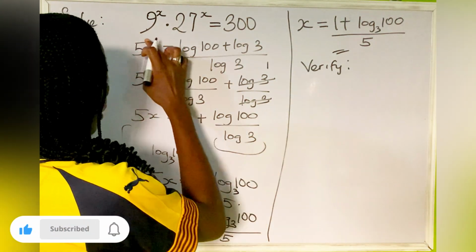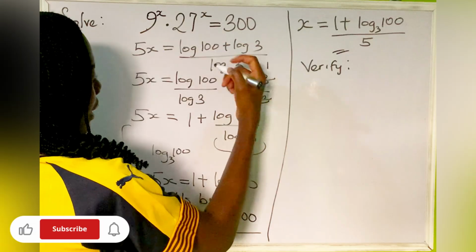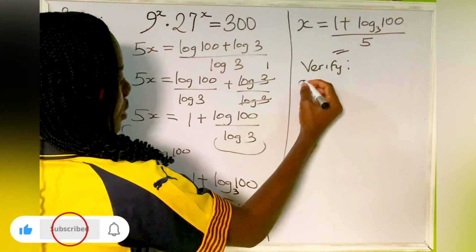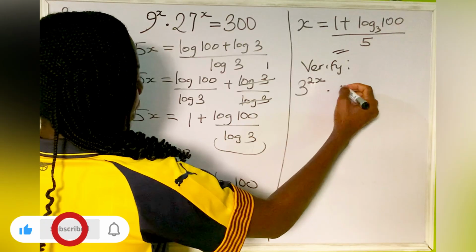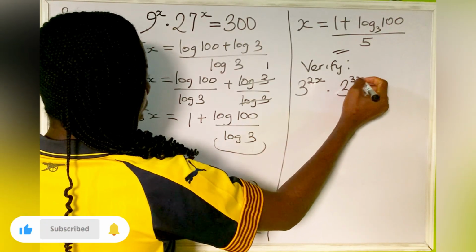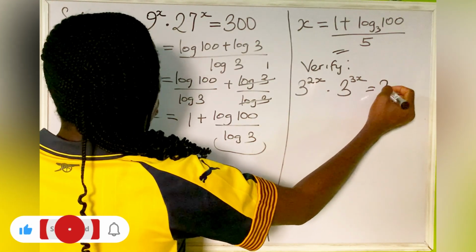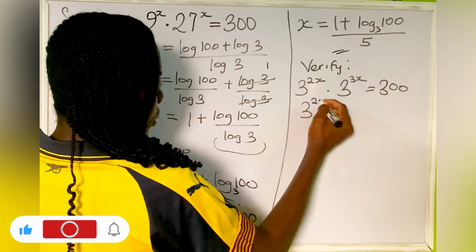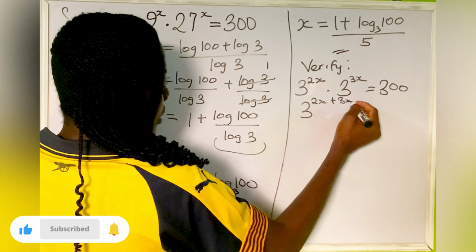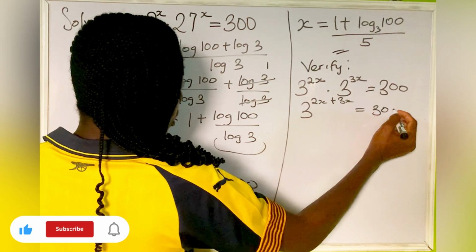So let's verify. This is our initial question. We have 9 to the power of x, which is 3 to the power of 2x, multiplied by 3 to the power of 3x is equal to 300. Okay, so this is 3 to the power of 2x plus 3x is equal to 300.